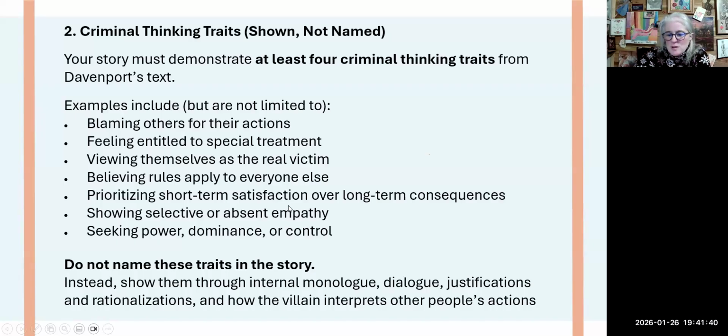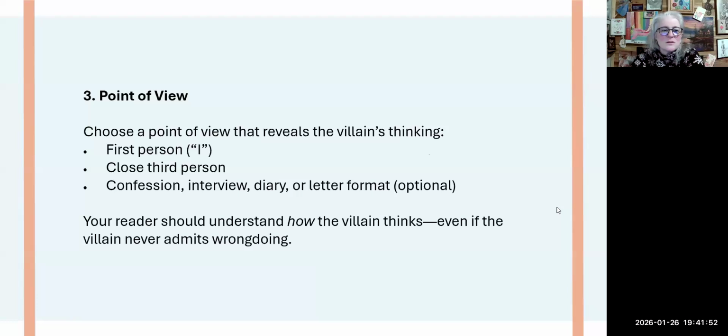So again, don't name those traits in the story, but show these behaviors through monologue, dialogue, justifications, rationalizations, or how the villain interprets other people's actions.